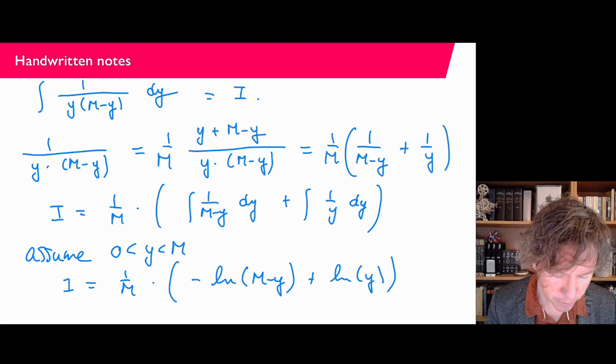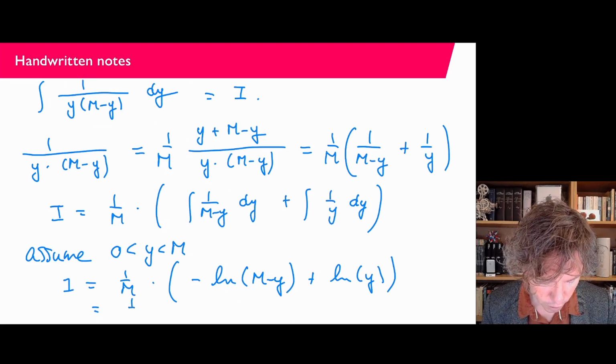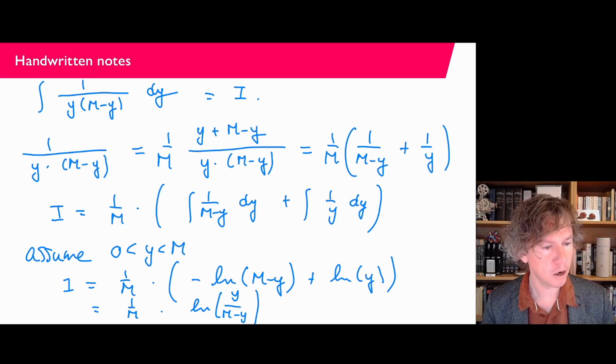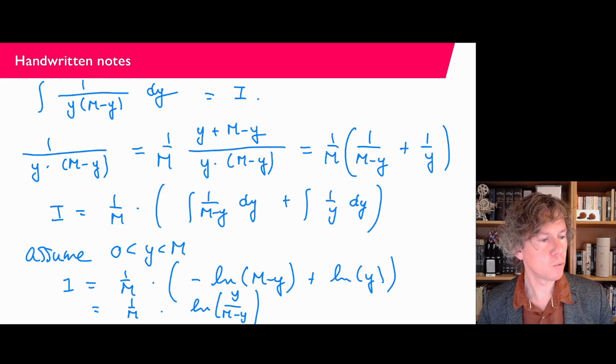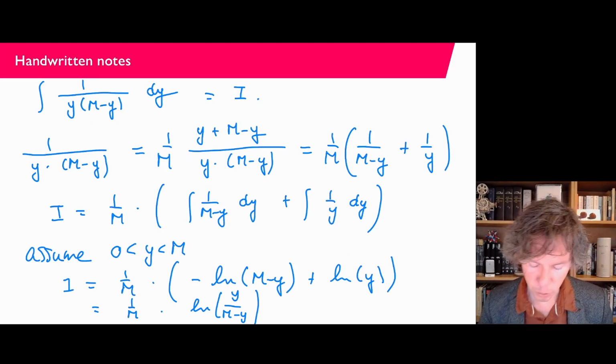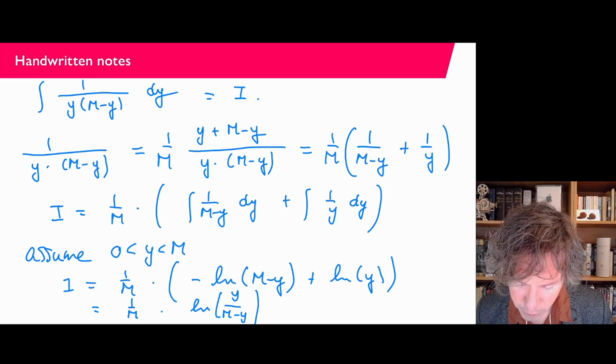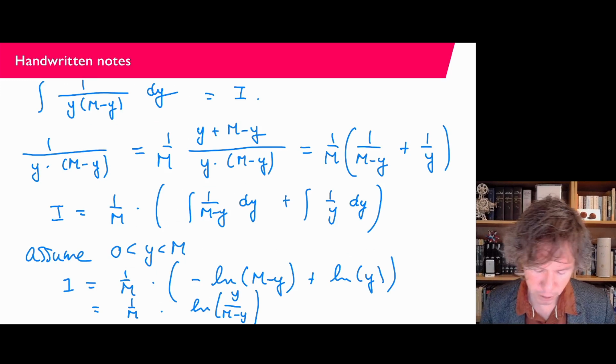And then I can take them together as one logarithm. So this is the same as 1 over m, and then I take the two logarithms together and I get y divided by m minus y. Okay, so we are well on our way to solve the differential equation, because what we have now found, if we put things together, is, let me go to a new page.